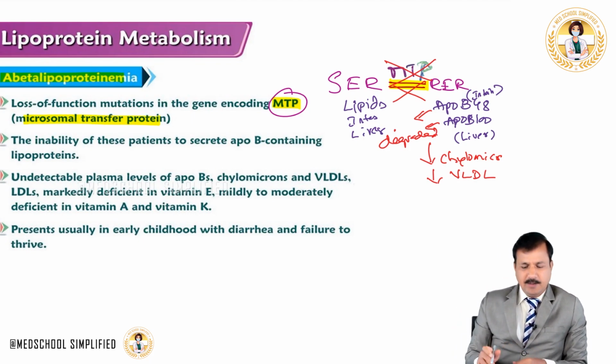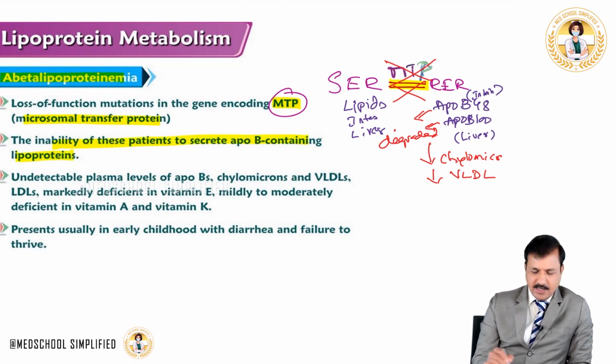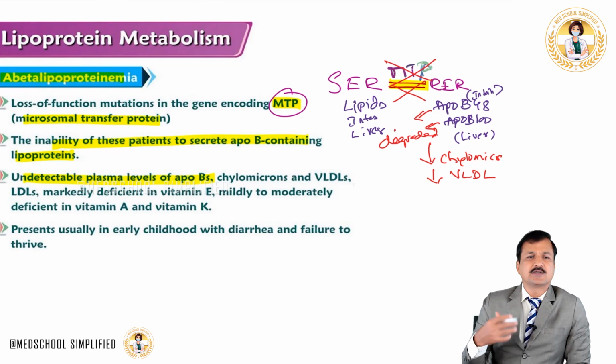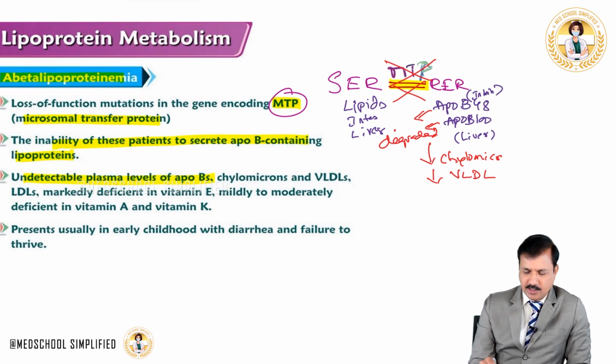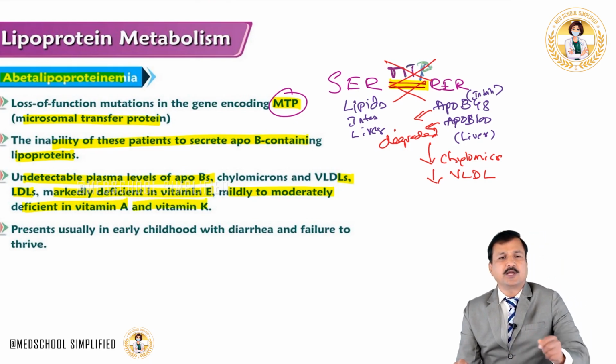Okay, so the inability of these patients to secrete Apo B containing lipoproteins will lead to undetectable plasma levels of Apo B's, that is B-48 and B-100, because they are degraded. So chylomicrons and VLDLs, LDLs are markedly deficient, vitamin E markedly deficient, mild to moderate deficiency of vitamin A and vitamin K is seen in this particular disease.